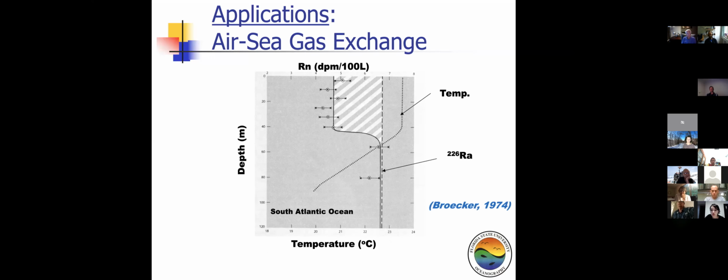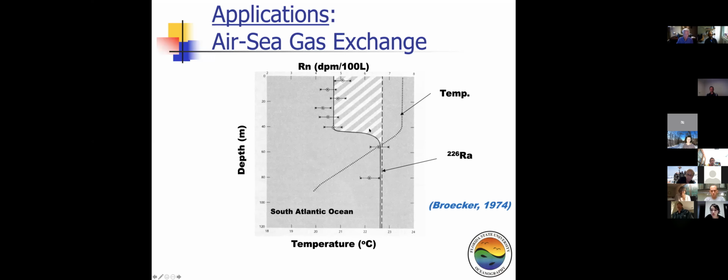So some applications. This is literally a textbook example because it's from Wally Broecker's 1974 textbook on chemical oceanography. It illustrates a radon record, a depth profile from the South Atlantic Ocean. It's showing that in the deeper waters, the radium-226, which is shown by the dashed line, and the radon-222, shown by these circles, are in secular equilibrium.